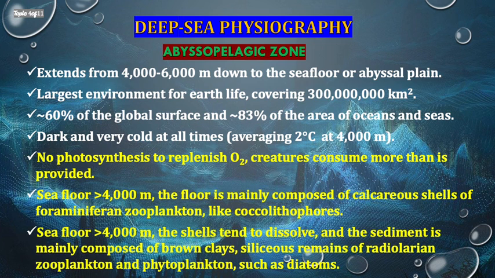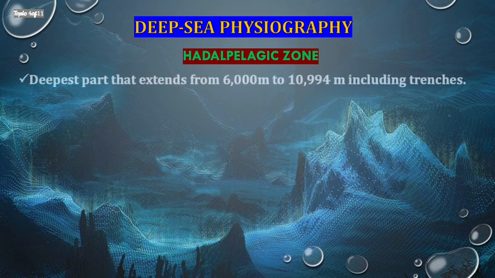Also, the shells in the abyssal plain tend to dissolve due to the extreme concentration of carbon dioxide in the water. And finally, the sediment here is mainly characterized by clays and siliceous remains of radiolarians and diatoms.